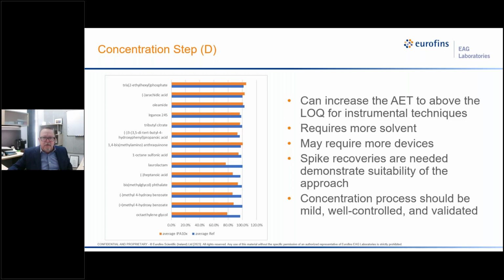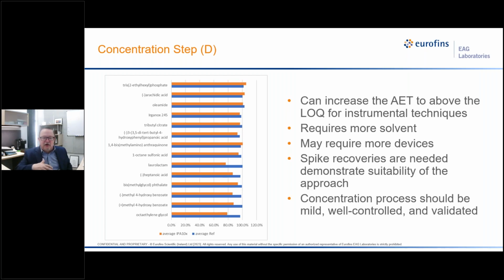It's important when you think about doing this that you really plan this out on the front end of the study, because if you wait until the end and you decide you need to concentrate the sample, you may be stuck in a situation where the level of concentration that you need is so great that you don't have enough sample to analyze in the end.